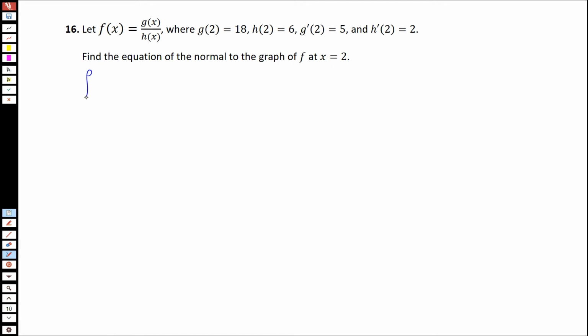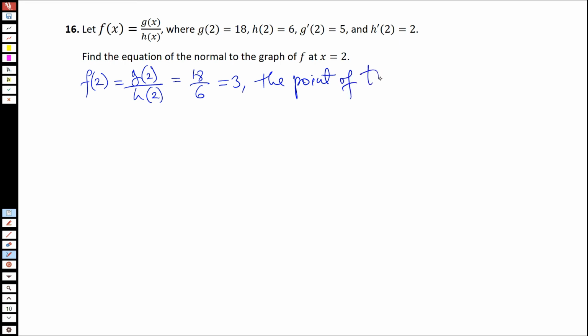So f of 2 will be equal to g of 2 over h of 2, and that will be equal to 18 over 6, which is 3. So what this means is that the point of tangency, or where the tangent occurs, is (2, 3).